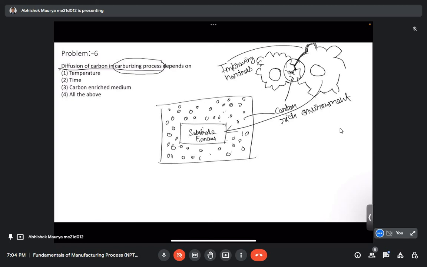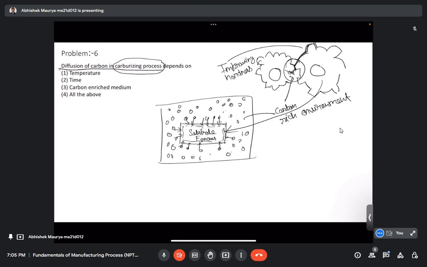Then our aim is to improve the surface hardness of the substrate material, and that is only possible if the carbon atoms go and enter inside the substrate material. And how is this done?